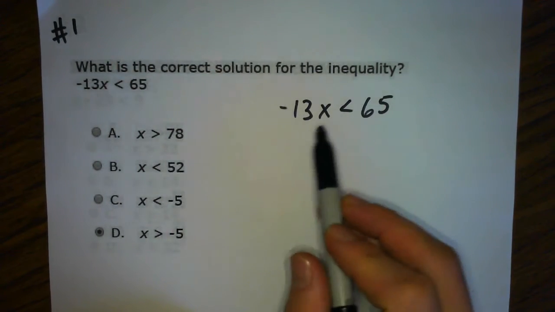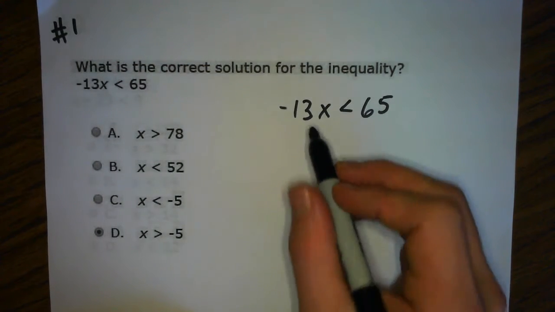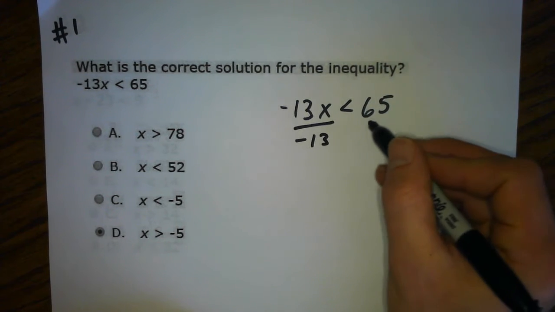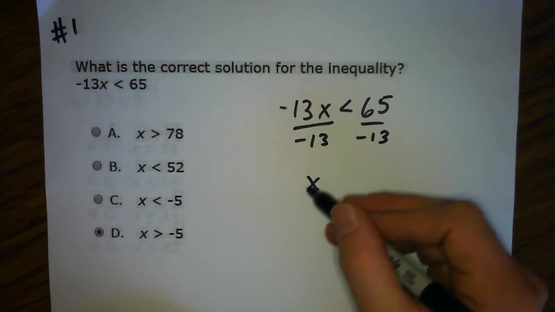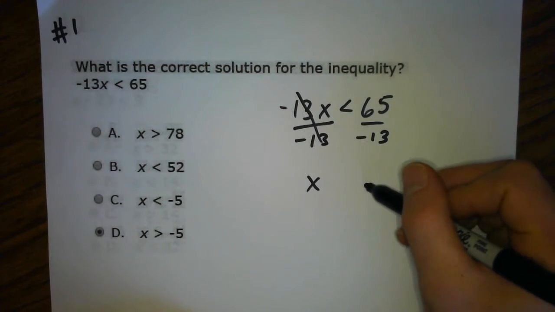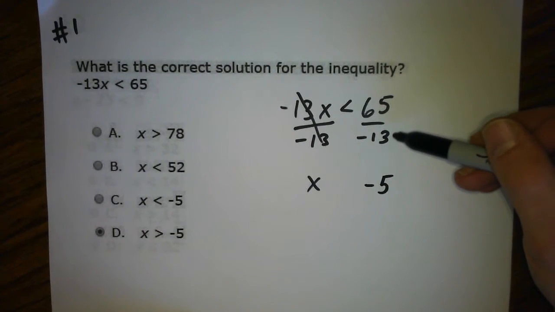So here, my x is being multiplied by negative 13. So the opposite of that is dividing by negative 13. When I do that to both sides, what I get is x on this side, because those cancel out, and over here I get negative 5. However, I divided by a negative here, so I have to follow my rule.